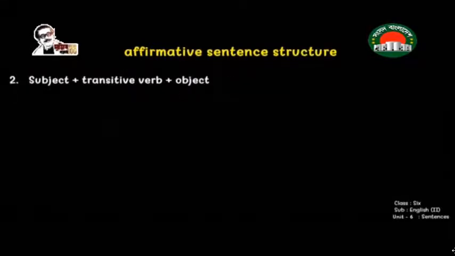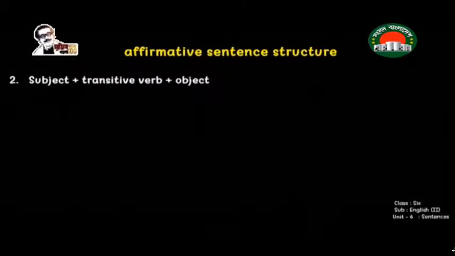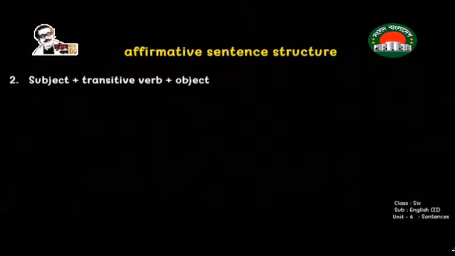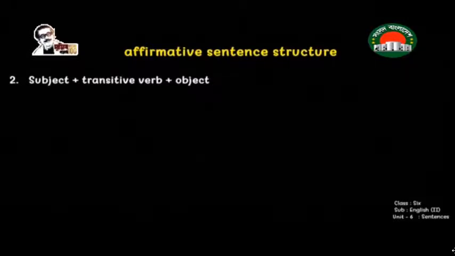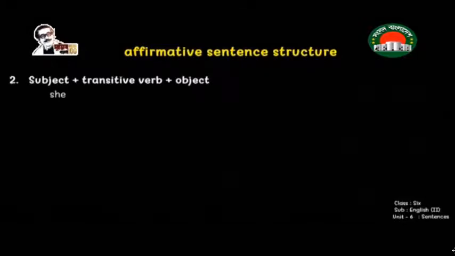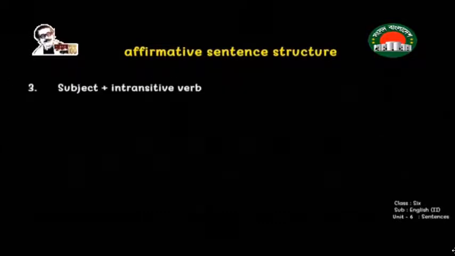Second structure, subject plus transitive verb plus object. So let's take a subject she, then take a transitive verb carries, and then we take an object. Let's say carries water bottle. Third structure, subject plus intransitive verb.